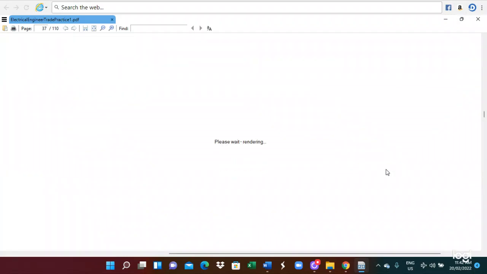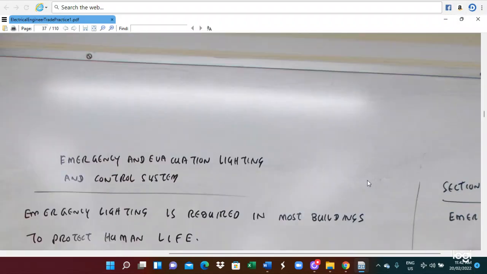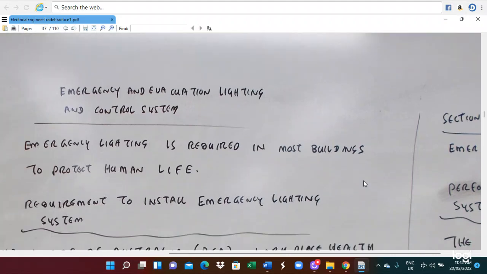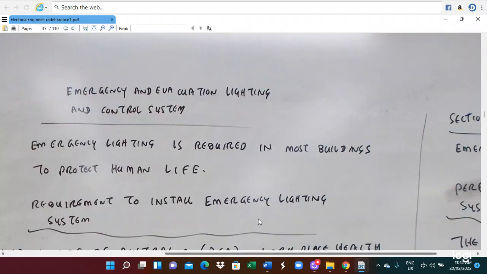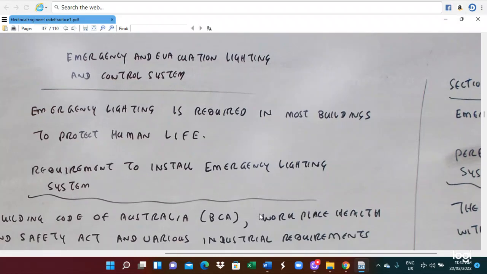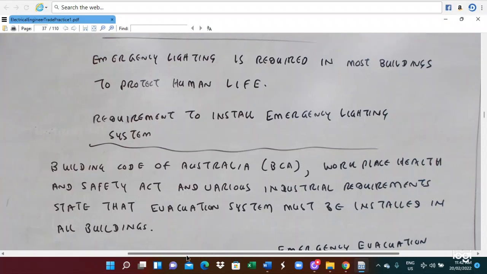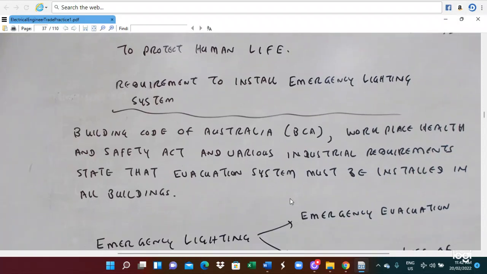Next, I will talk about the emergency lighting system. Emergency lighting is required in most buildings to protect human life. In the case of any fire or emergency, the building's electrical power will be shut down. In this case, we have to provide emergency lighting. At least all the stairways and escape routes must be provided with an emergency lighting system.